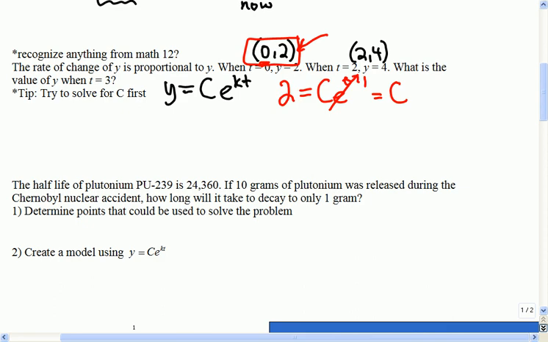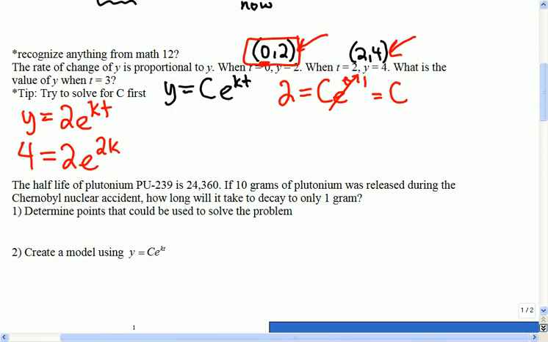Okay. So now I have a model that looks like this, which still is not one I can use because I don't know what the value of k is, but I haven't used this value here. So we're going to find the value for k by substituting the second point, which is 4 equals 2 e to the 2k, and I have to rearrange this to solve for k.